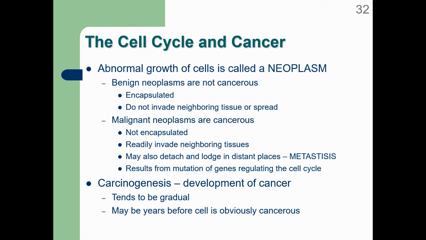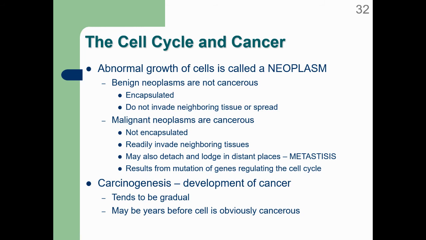A benign neoplasm or tumor is usually encapsulated, and those out of control replicating cells don't usually invade or spread to neighbor tissues. So a neoplasm is a tumor. It's uncontrolled cell division. So mitosis has just gone wild.